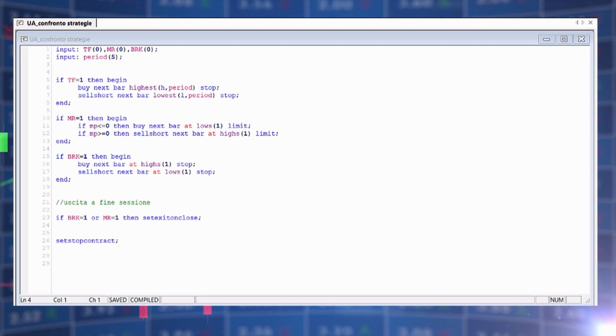In the case of the mean reverting and breakout systems, we also plan to exit at the end of the session, effectively making both strategies intraday. This differentiates them from the first trend-following strategy, which, as we noted at the beginning, usually has a longer-term scope. I also want to emphasize that this is just study purpose code, so it's definitely not something you could use live, nor is it a fully developed, finalized strategy.